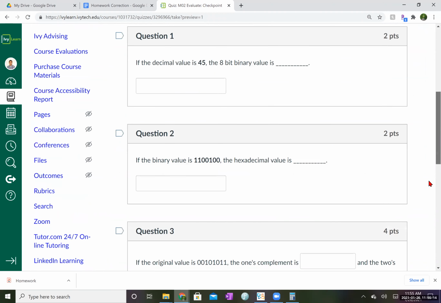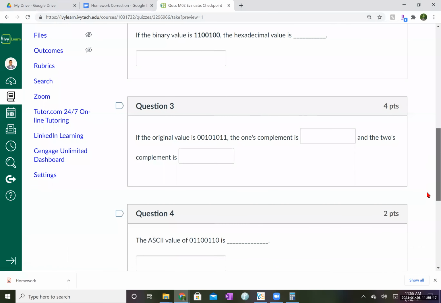You can use a calculator to convert it here.